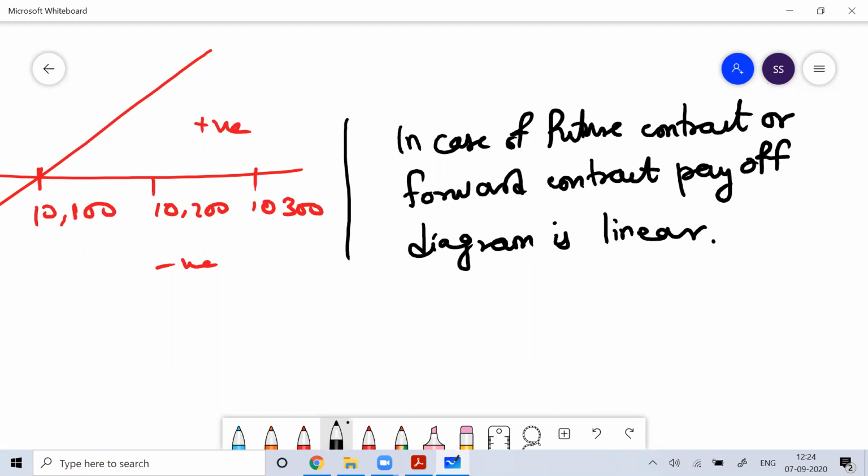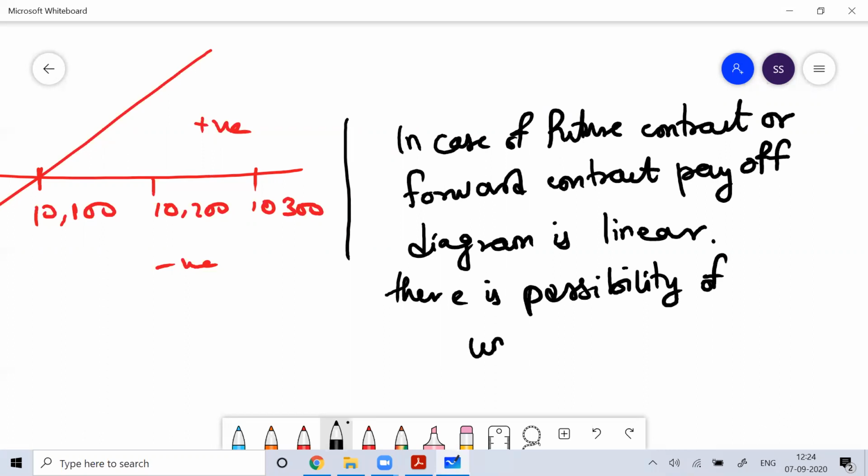Linear means straight line. Okay, so there is a possibility of unlimited profit and unlimited loss.